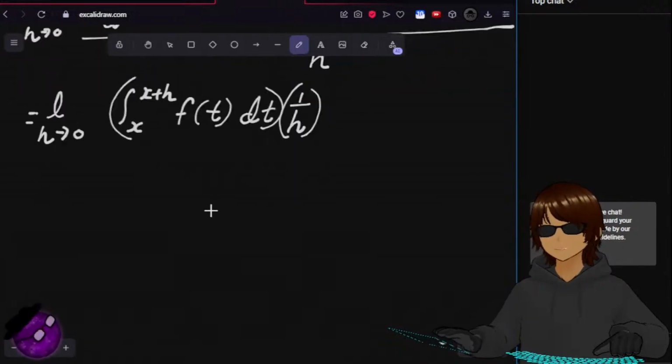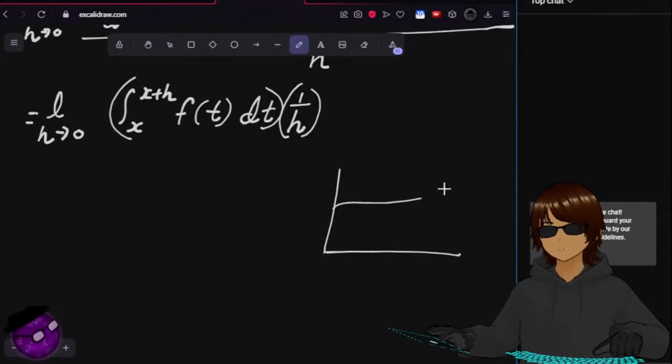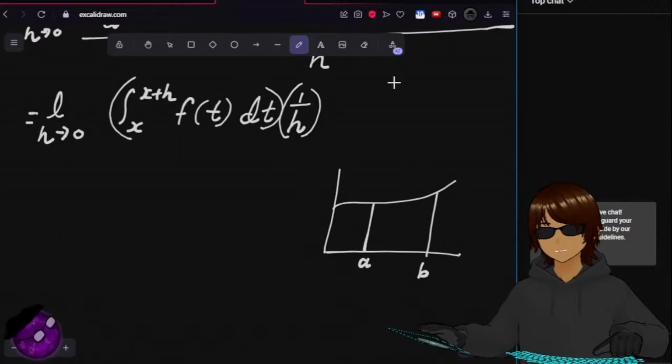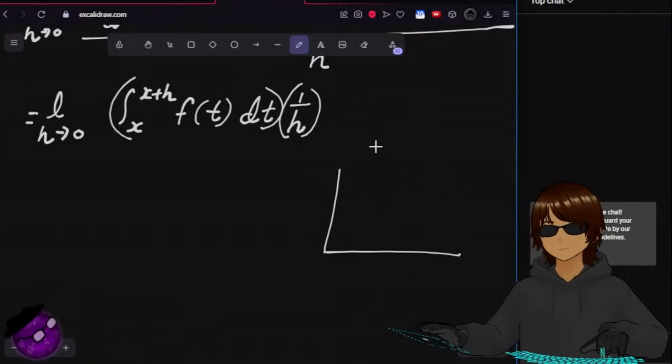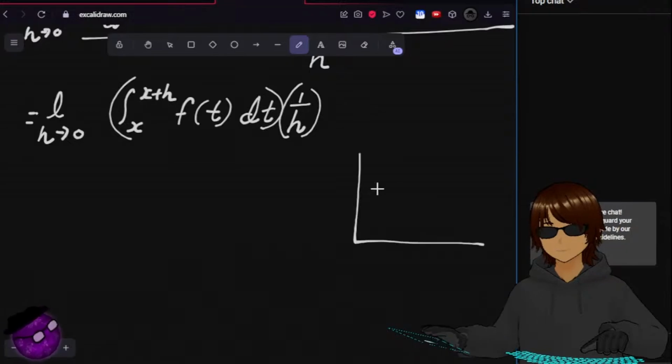Now before I go any further, I just want to explain one thing. If I have a graph, areas a and b, let's draw something like this.